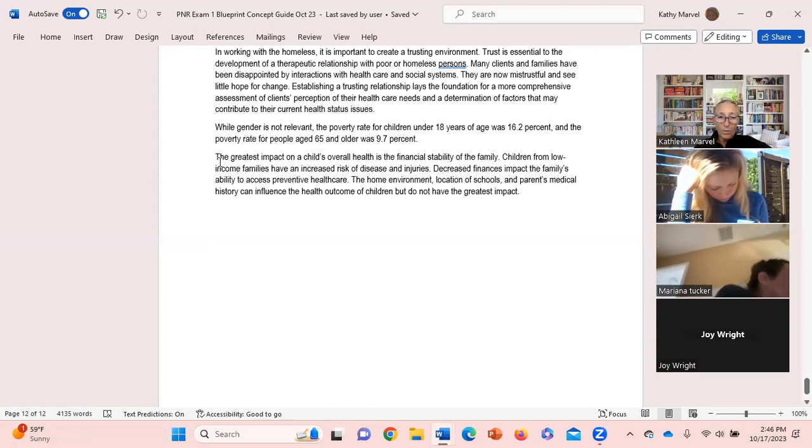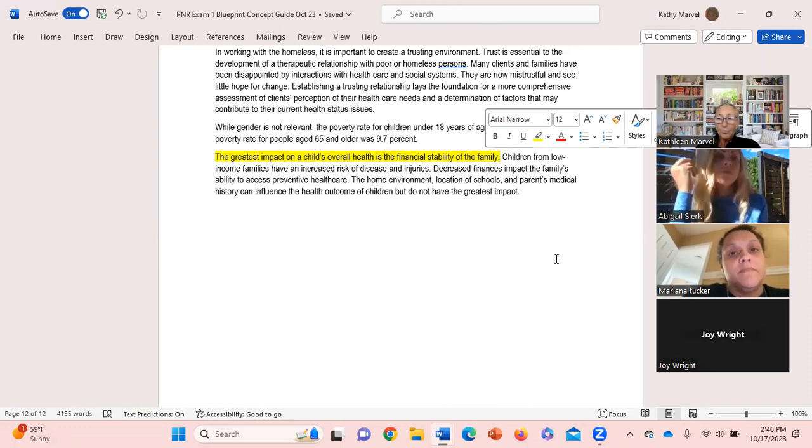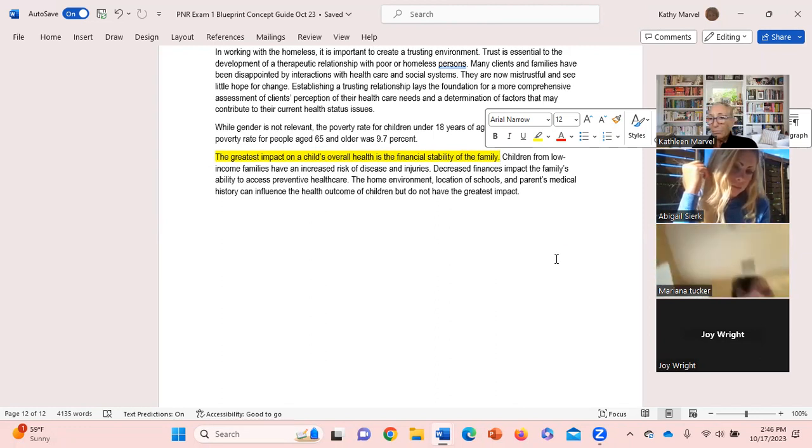And this is important to remember. The greatest impact on a child's overall health status is the financial stability of the family. We talked about that in week 1. Remember that? It affects everything: increased risk of disease, increased risk of injuries, lack of preventative health care, lack of proper nutrition, maybe lack of education.